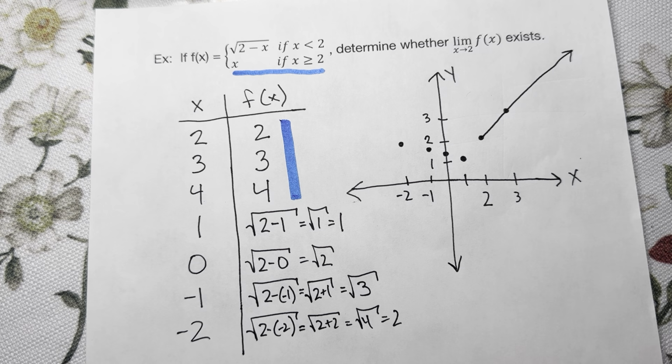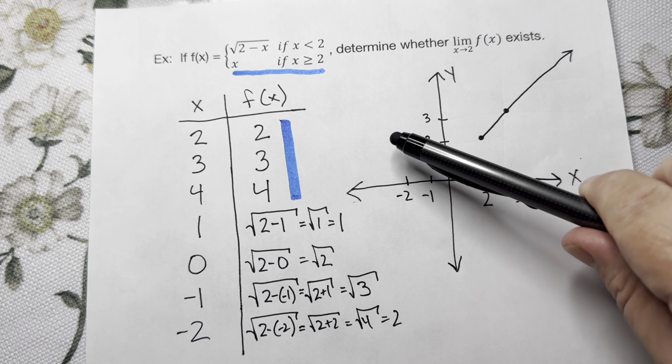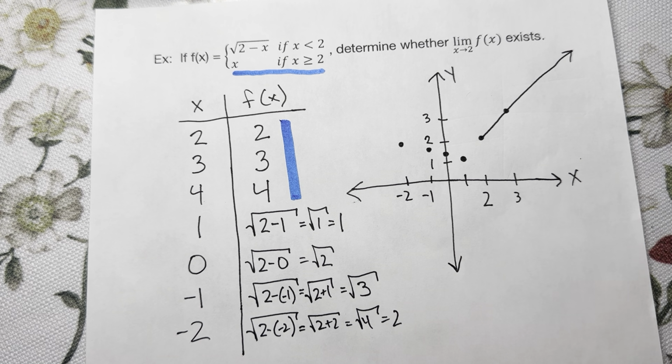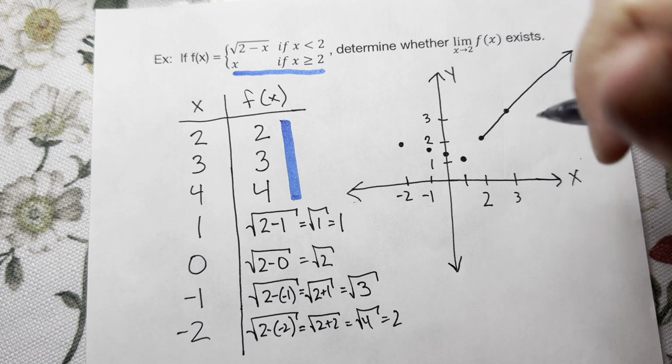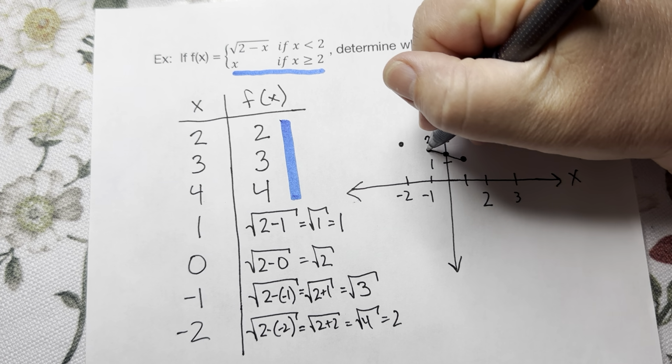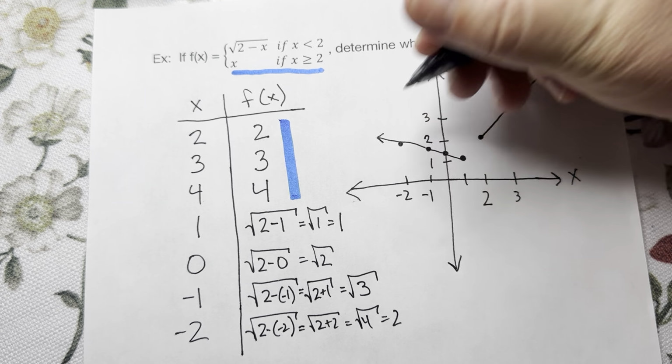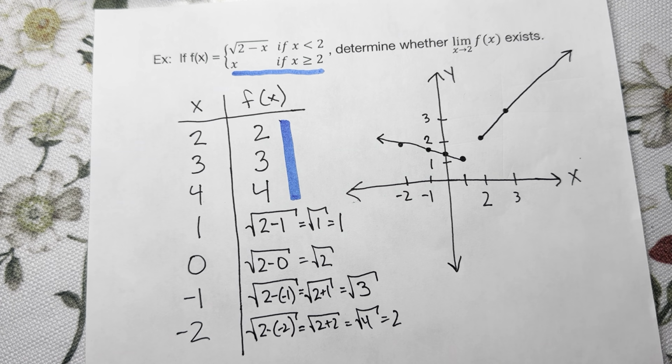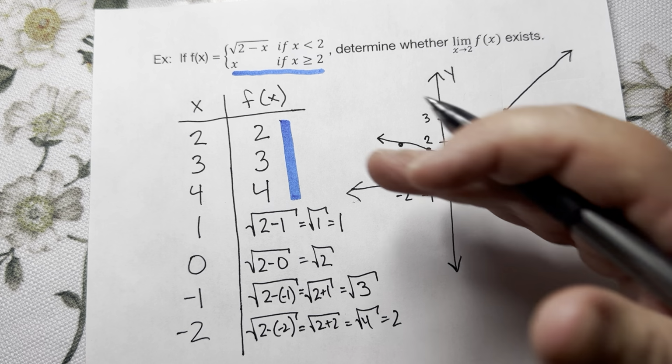But hopefully you can see this is not a line. Whenever we've got a radical, we're expecting that kind of parabola shape, so I'm expecting that it's kind of rounded like that.